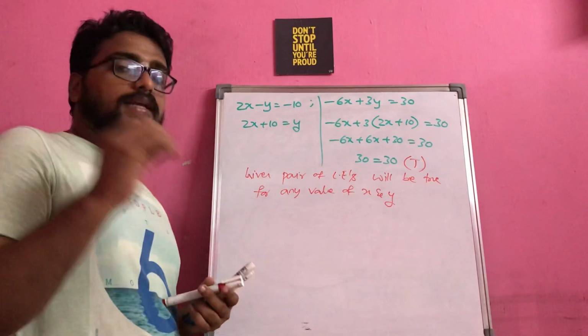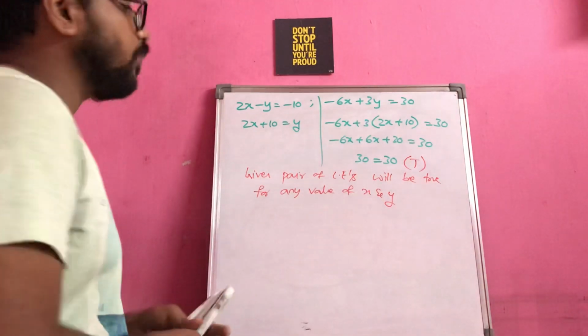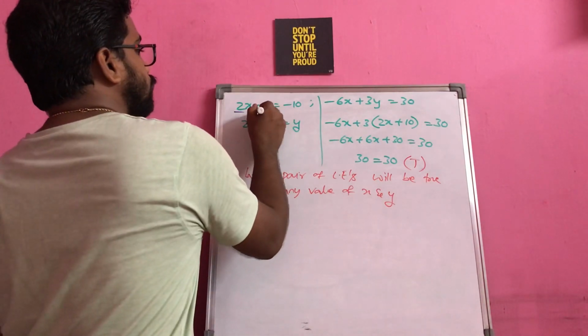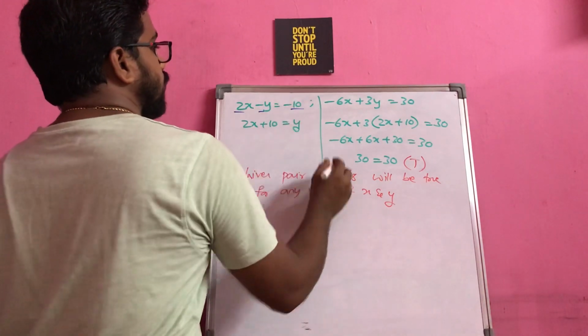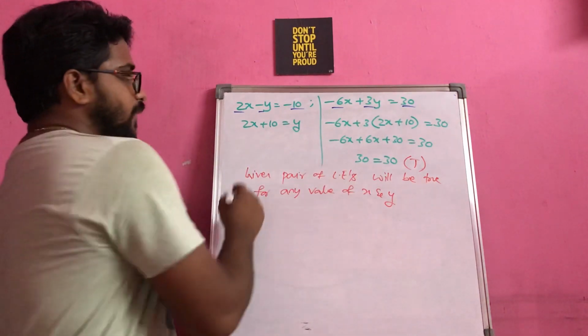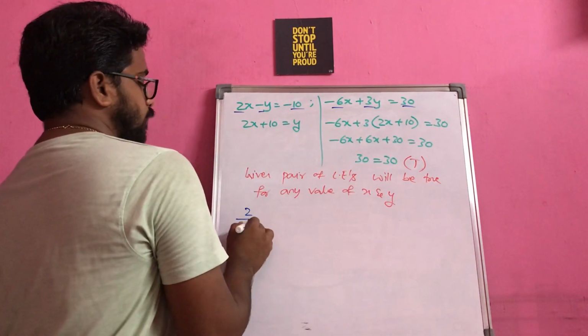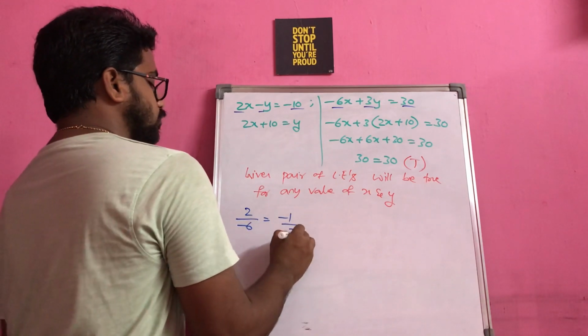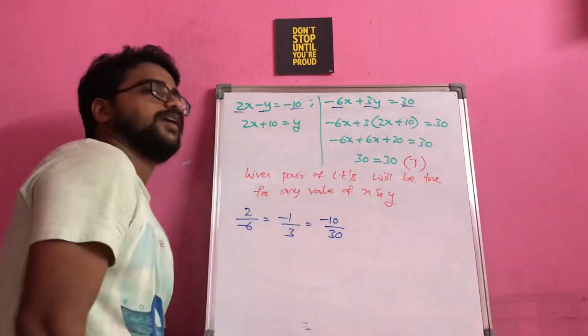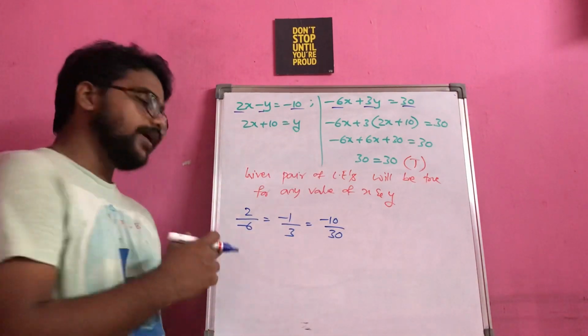Try to understand the reason behind getting this type of result. Observe the coefficients here. a1 is 2, b1 is minus 1, c1 is minus 10; a2 is minus 6, b2 is 3, c2 is 30, right? So if I take a1 by a2, that is 2 by minus 6, b1 by b2, minus 1 by 3, c1 by c2, minus 10 by 30. Have you found the similarity between them?